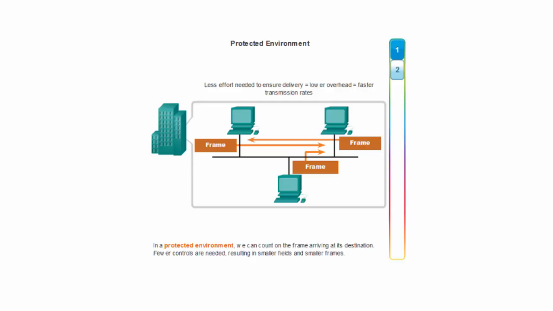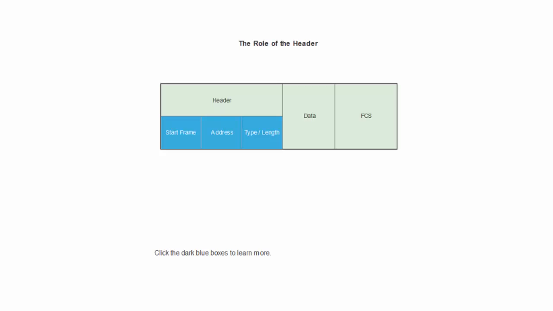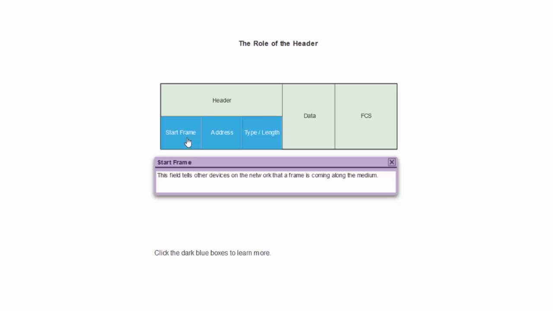So now we need to talk about the format of that frame for different standards. All these standards use a header, which roughly contains the start frame, as we said, the address and the type of the length, and sometimes it includes other control fields, which provide some flow control to the frame transmission, and then the data, and then the frame check and the frame size.